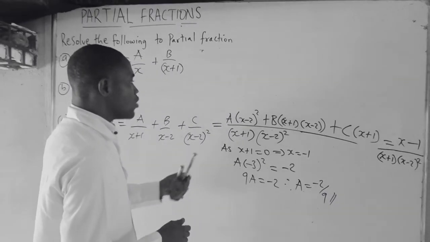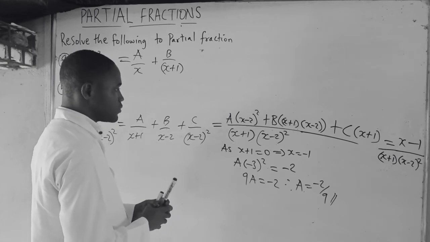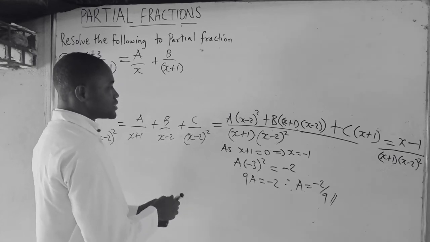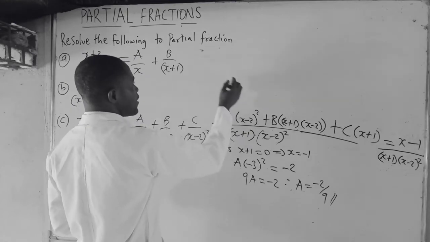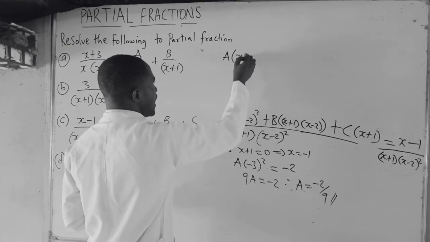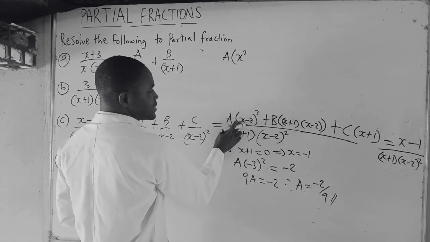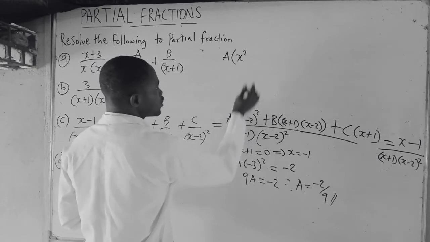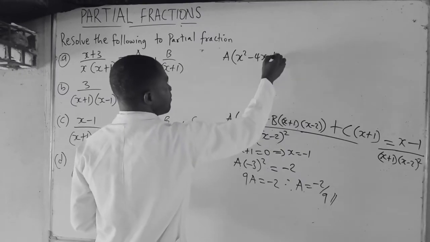Then I will say, how do I get my b and c as well? Now, to get my b and c, I will expand this. If I expand this, I will have a bracket s squared, s times s is s squared, s times minus 2 is minus 2s, minus 2s, minus 2 times minus 2 is plus 4.